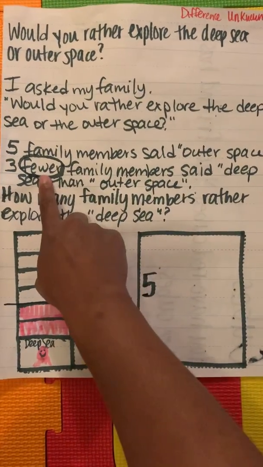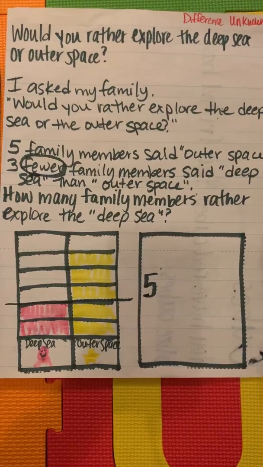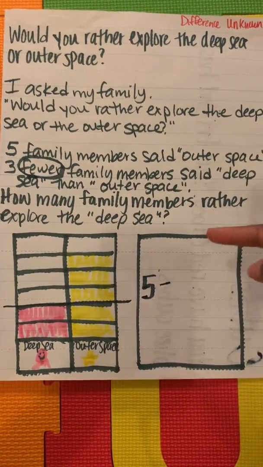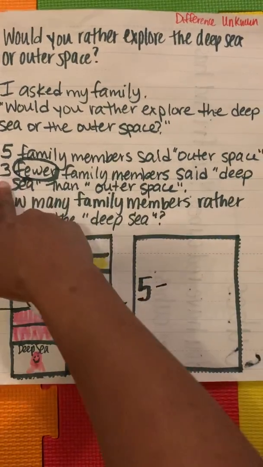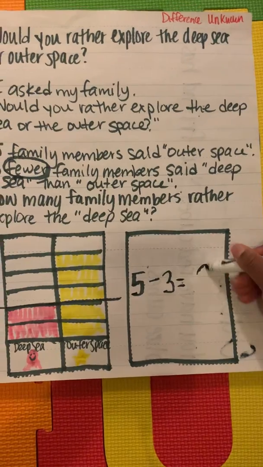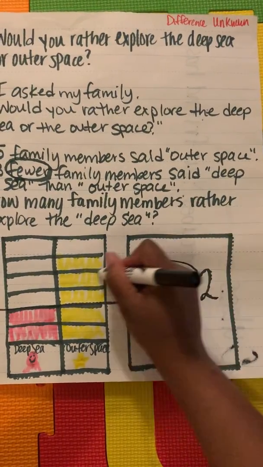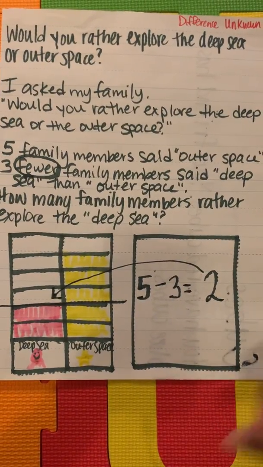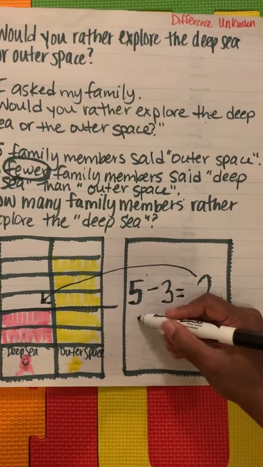So what's the opposite of addition? Fewer. That is subtraction. 5 minus 3 will give us 2. That is the same thing that we have here. So right now we just double checked our work. 2 family members.